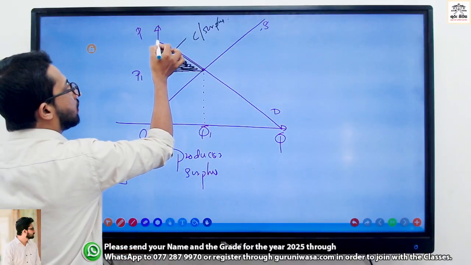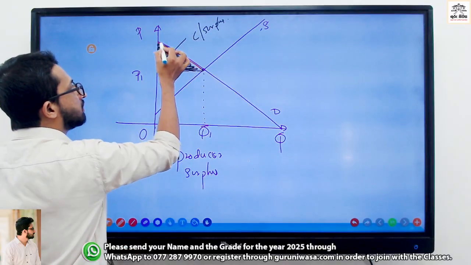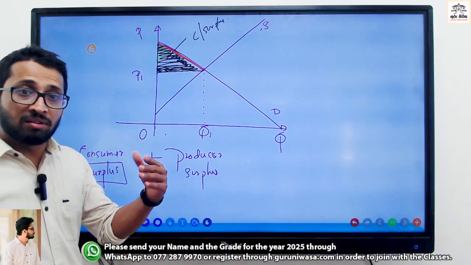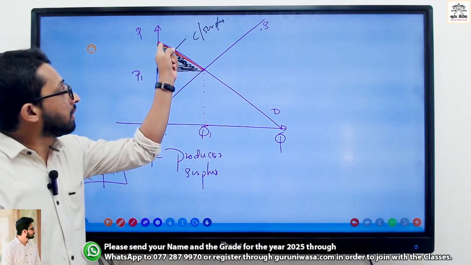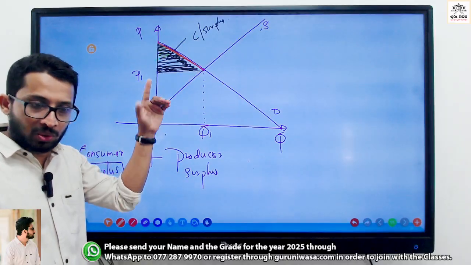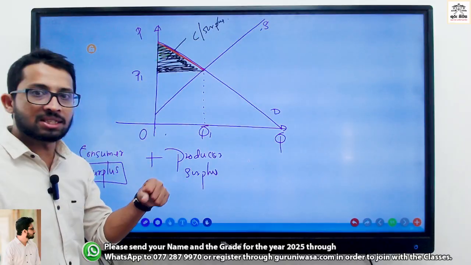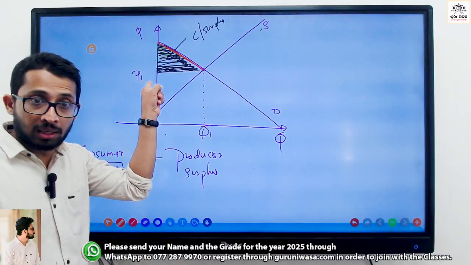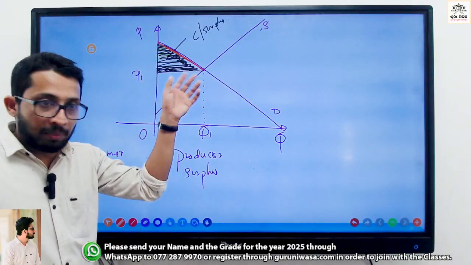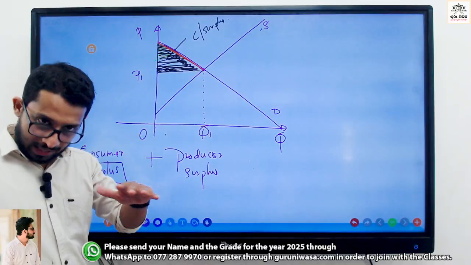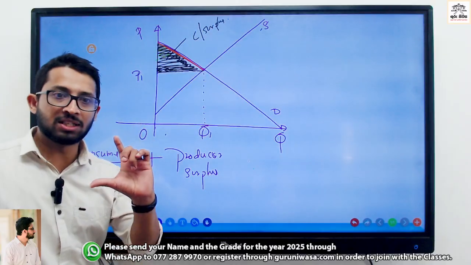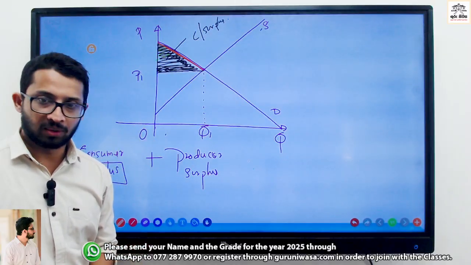The demand curve shows the maximum prices that consumers are willing and able to pay to buy goods and services. But when they go to the market, the actual price at which goods are sold is P1, the equilibrium price. They are willing to pay a higher price, but they actually pay a lower price than expected. So this benefit is called consumer surplus.